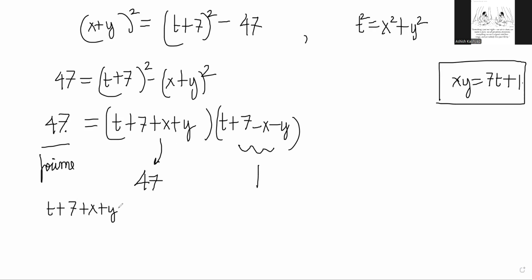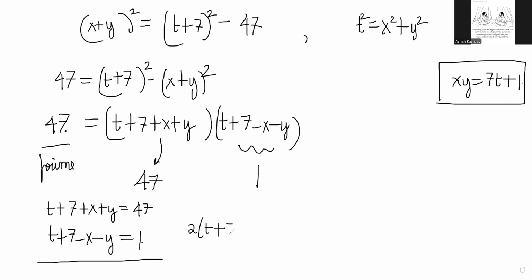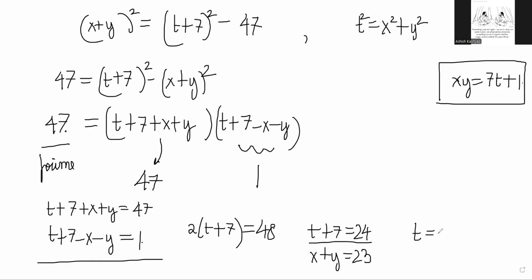So I'll say this is equal to 47 and t plus 7 minus x minus y is equal to 1. Adding both of them, I get 2 times (t plus 7) is equal to 48. So t plus 7 is equal to 24, and therefore x plus y is equal to 23. And from here I get t is equal to 17 and x plus y is equal to 23, right?